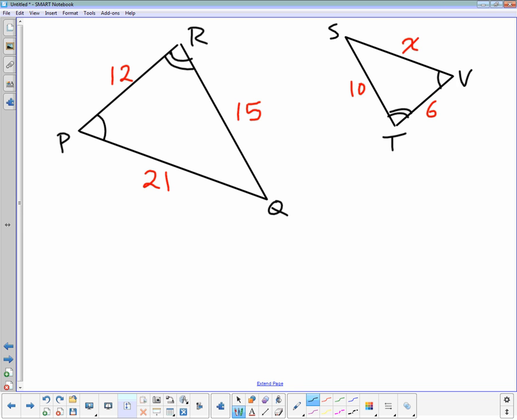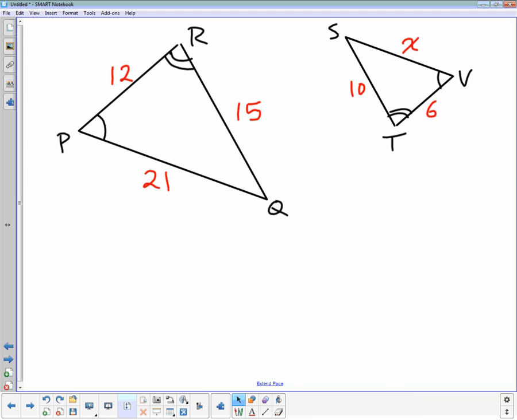The tick marks help you. X goes from a single tick to no tick. QP, a single tick to no tick, or PQ. Using the tick marks helps you, especially when they're spun around, different sizes, different orientations. The tick marks give it away.